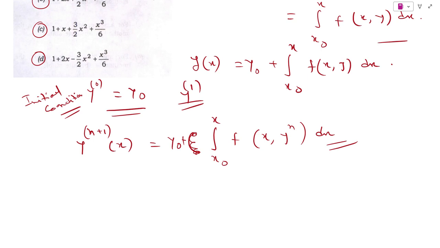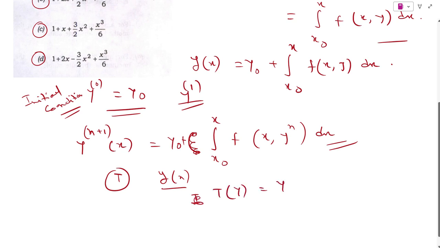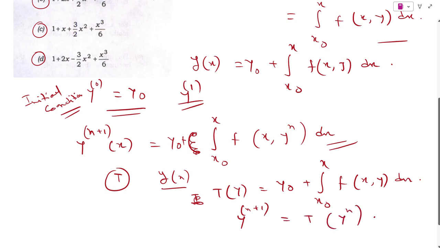If we define an operator T that takes a function y(x) and maps it to a new function T(y) = y0 + the integral from x0 to x of f(x, y) dx, Picard's iteration is simply repeated application of T. As long as the function f(x, y) satisfies a smoothness condition called the Lipschitz condition with respect to y, this operator is a contraction mapping.